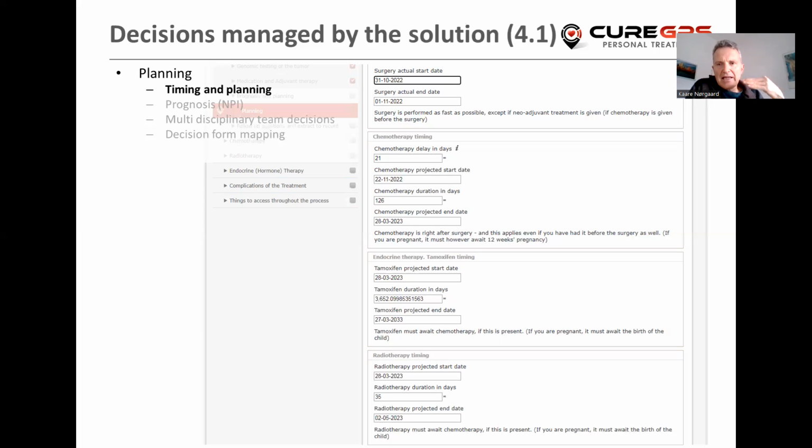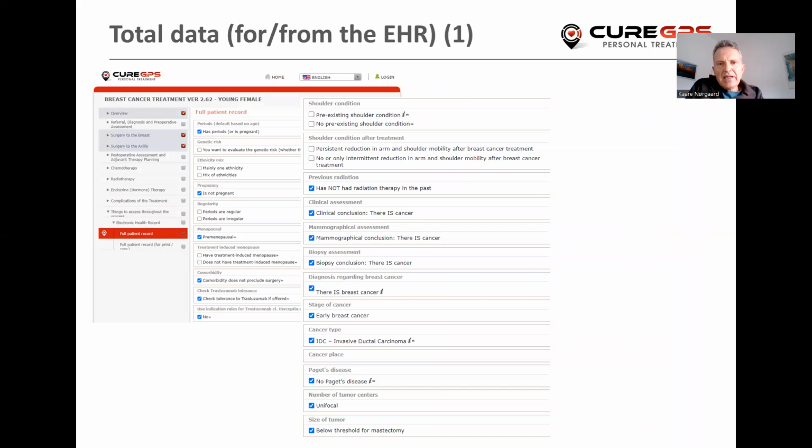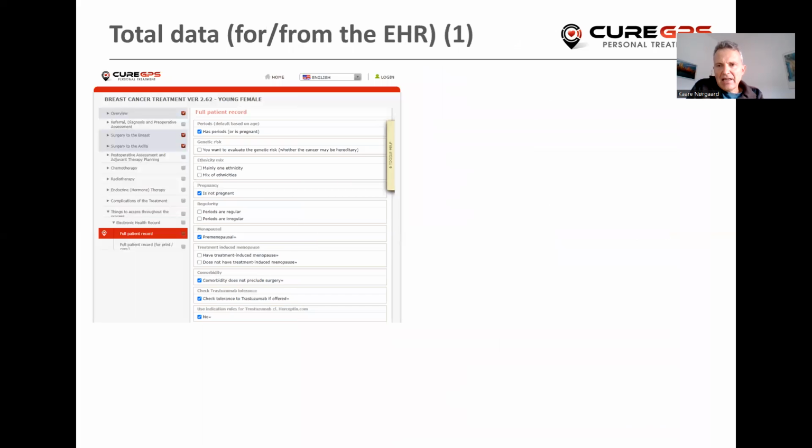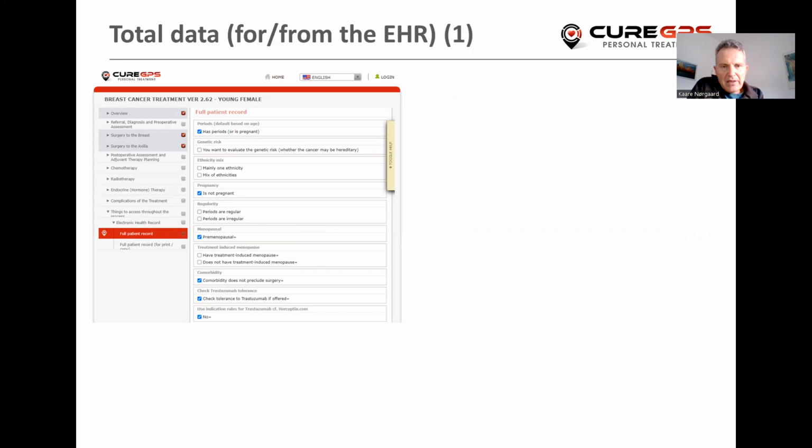The whole thing is that the tool will make sure that everything is decided correctly and documented. And so the EHR, or the data that it builds on, can be taken from or given to, or both, the electronic health record. I'll just show you a few screenshots showing what amount of data it works on and produces or reads, or both.